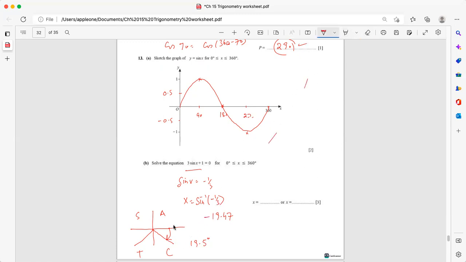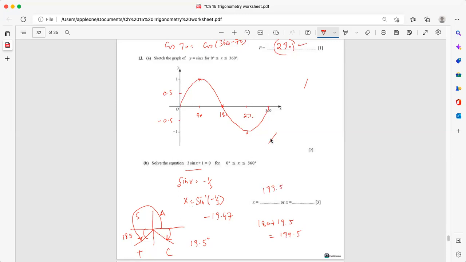If it's 19.5 degrees, then how do we find the angles? See, this is the angle, this is also 19.5. So the first angle is 180 plus 19.5, which is 199.5.